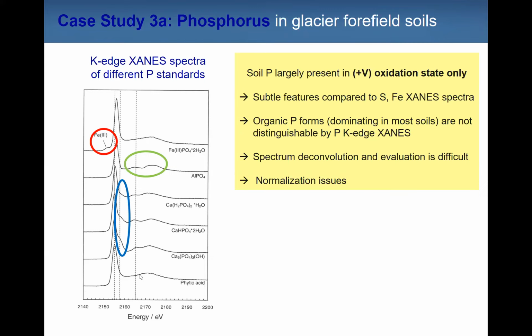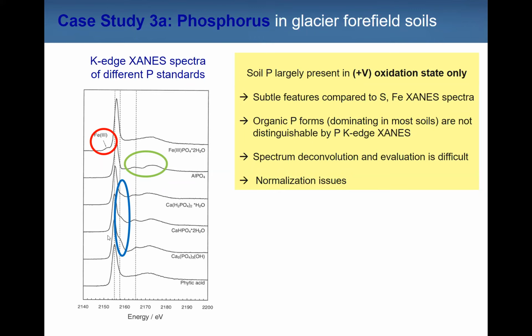So if you want to discriminate between organic phosphorus compounds and iron 3 bound phosphorus, you have to rely on this pre-edge feature, which, particularly if you have low P concentrations, is almost not visible and prone to misinterpretations.